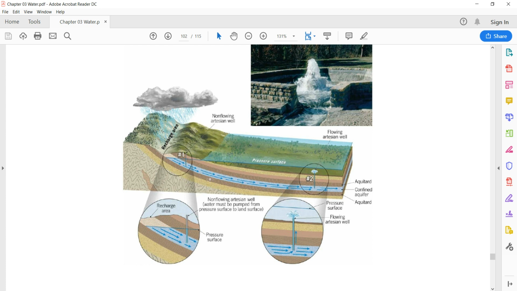So the water will come through here and just come out by itself without any pumping. This is one example of a flowing artesian well. If you drill a well here, the water will start coming out by itself without any need of pumping, just because of that principle we discussed earlier, how water tends to flow from higher elevation to lower elevation.